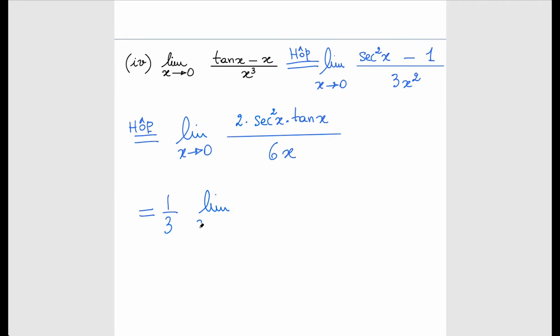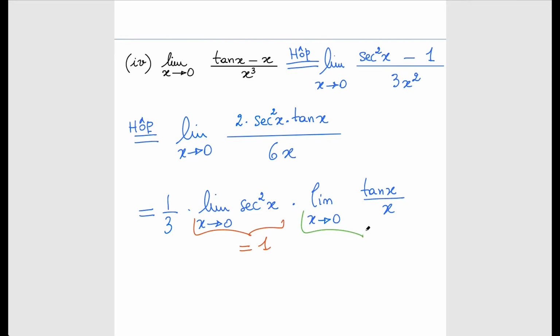Limit as x goes to 0 of secant squared x times limit as x goes to 0 of tangent x divided by x. This guy over here is 1, right? So this limit exists. Now, if this limit exists, it means I can split the limit as such. Limit of the product is product of the limits. So the question becomes, what is this guy?